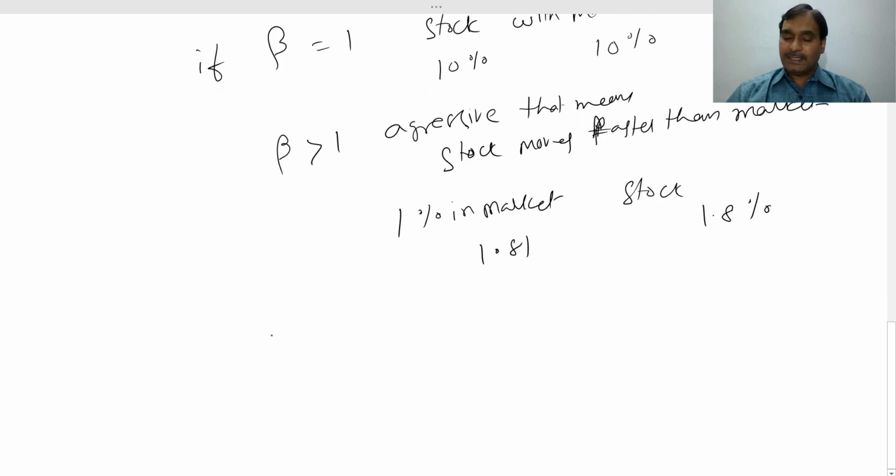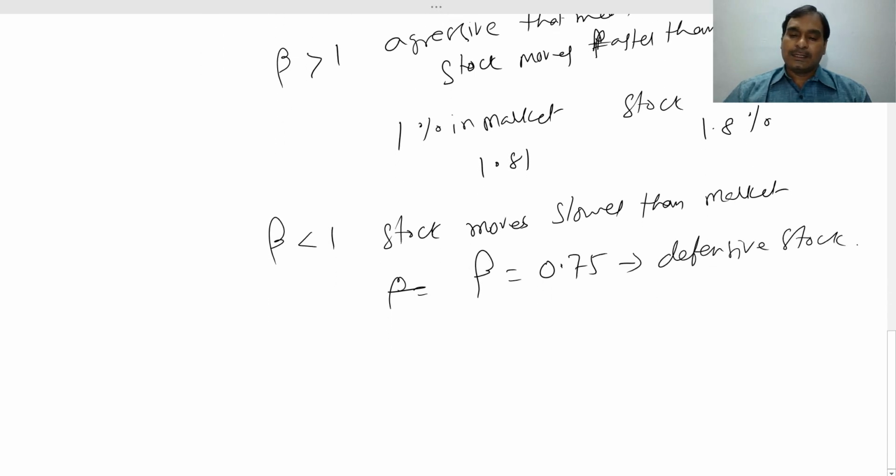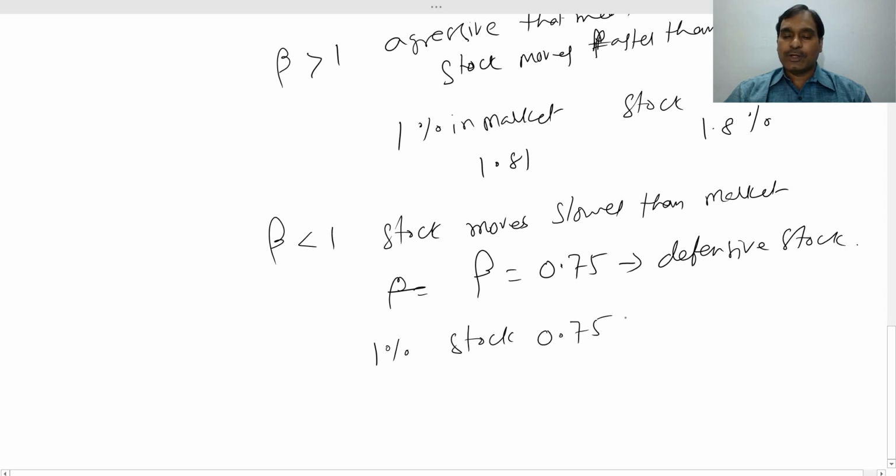And when beta is less than 1, the stock moves slower than the market. Suppose beta equals 0.75, then this is a defensive stock. That means if the market increases or decreases by 1%, the stock increases or decreases only by 0.75%. In the sense, the stock moves slower than the market.